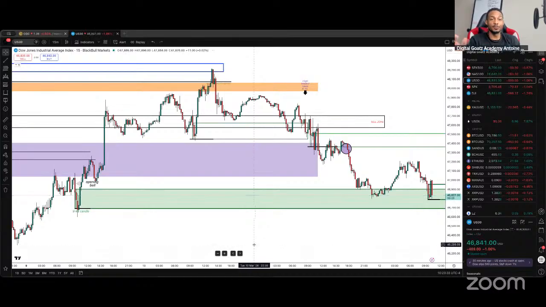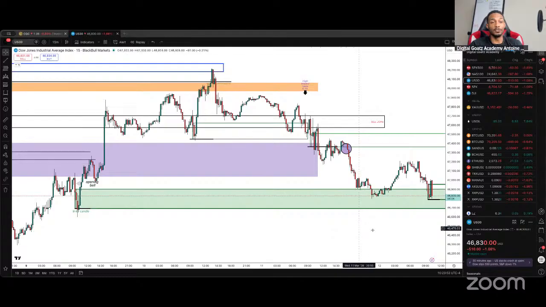Because just because I identify a move and I start being in profit, I don't walk away from the charts because I want to see that I can continue being in profit. Now, if you don't have the ability to do that, you may have to walk away and then set your stop loss and things like that. But I have the ability to gauge the market throughout the day.